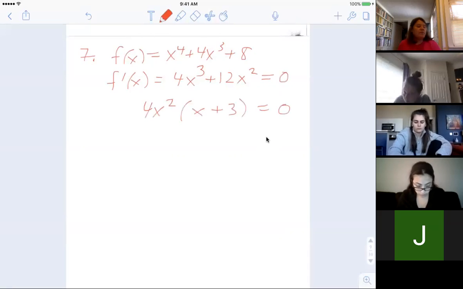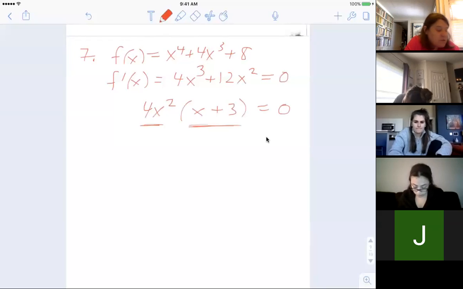Okay, x plus 3. So now, maybe the hang up is this, guys. You want to find out where that's 0. It's clearly 0 if either one of these terms is 0, because 0 times anything else is 0. So one of them that's fairly obvious is -3 because it makes that one right there 0.